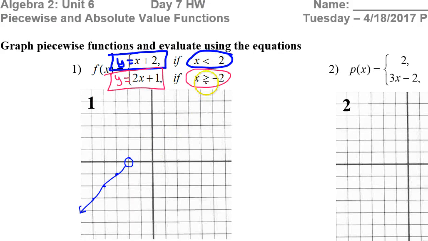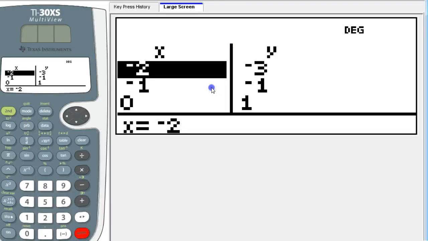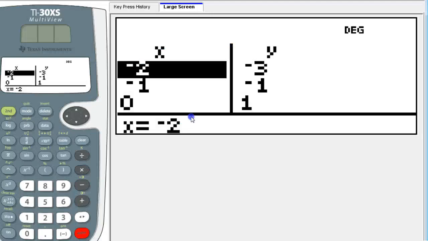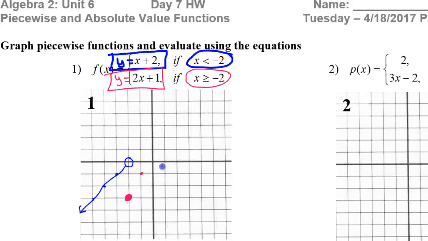This will be a closed circle because of the or equal to aspect of it. So -2 comma -3, closed circle. Now for more points, we want to go greater than -2. So greater than would be going down. So like -1, -1 would be on there. Okay, and 0 comma 1 would be right here.